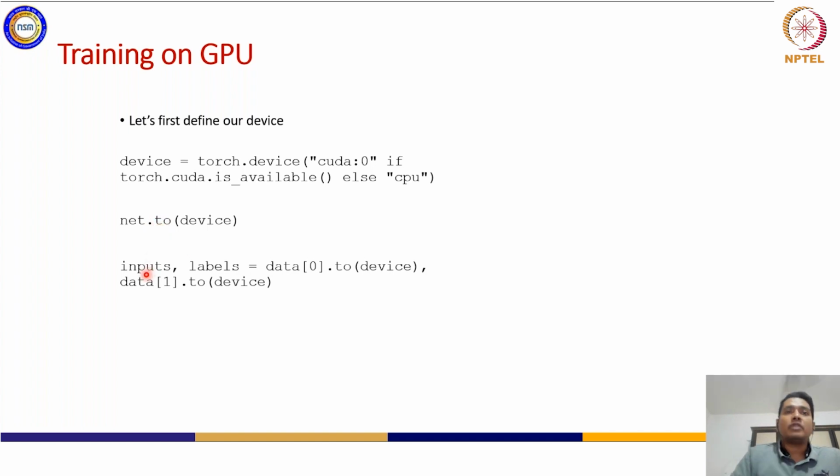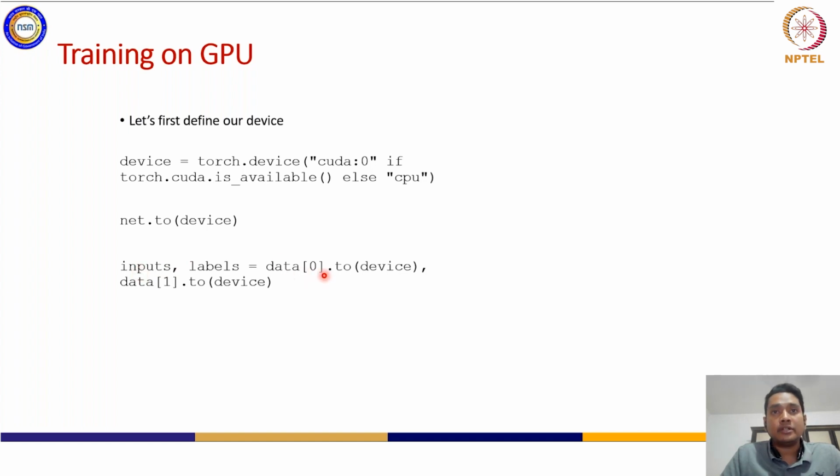I also want to transfer our data and labels to the GPU, because if the GPU is running the model, the GPU will need the data and the labels to compute the loss, and then it will update the parameters depending on the loss and computed gradients.